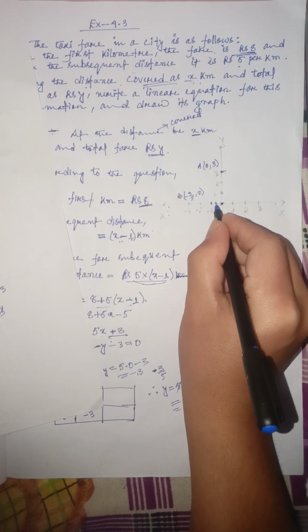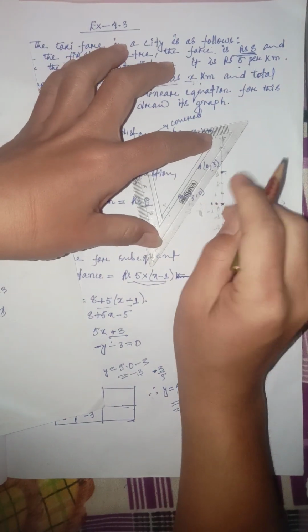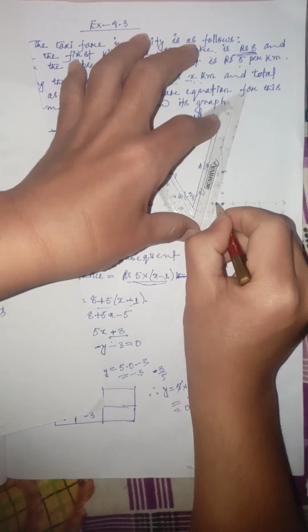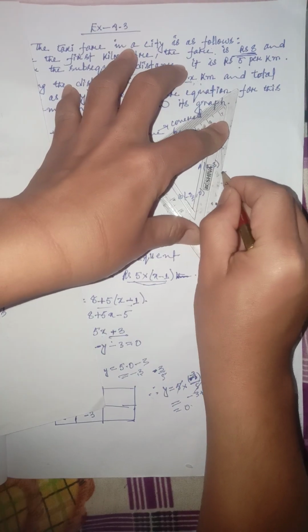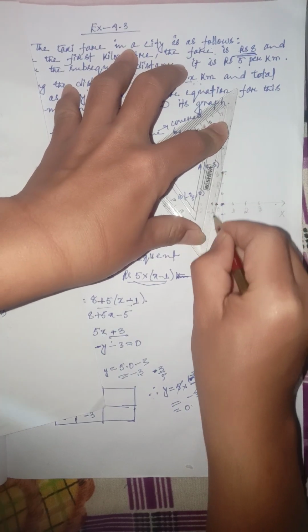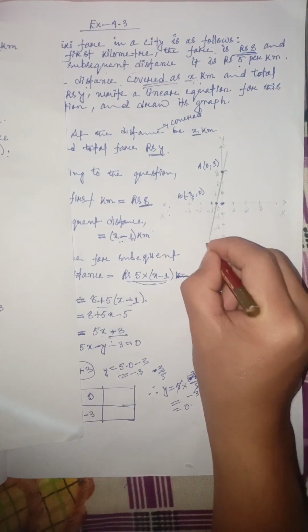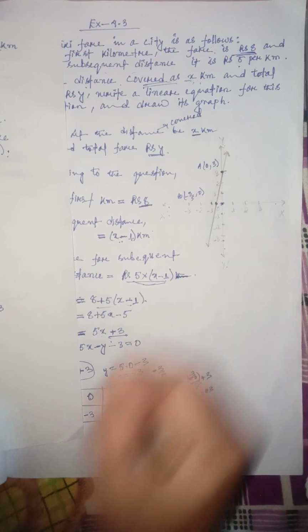Now let us join these two points in order to get the graph. If you join these 2 points, it will be like this, and this will give you a line.